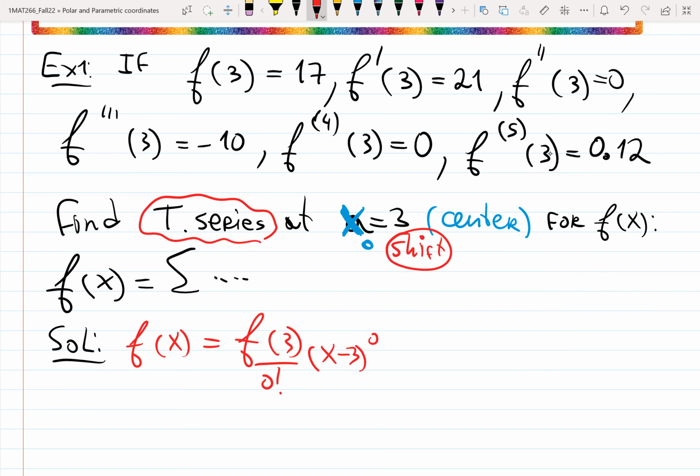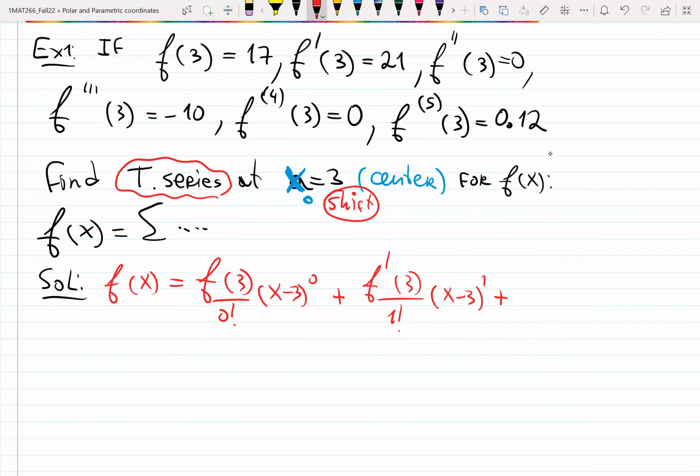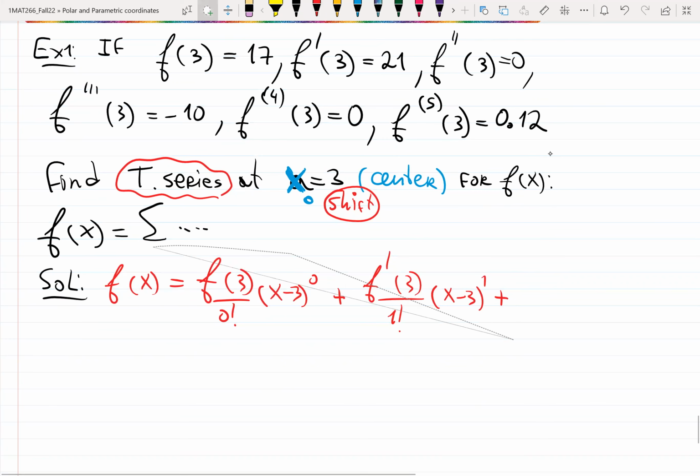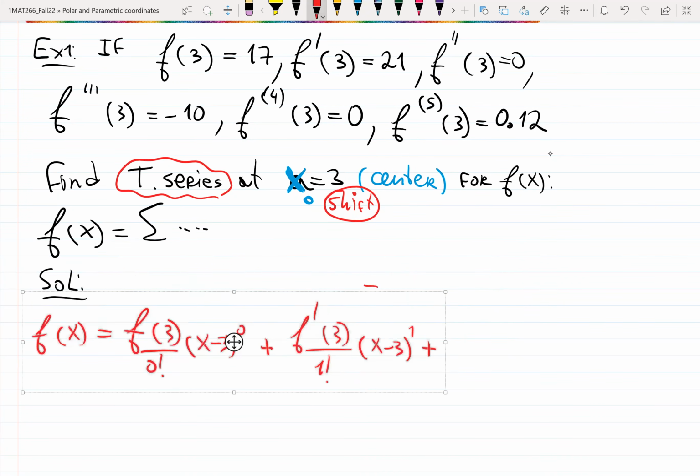If you have center 0, that's a Maclaurin series. Plus f first derivative at 3 divided by 1 factorial. I would skip writing all of this, but I wanted to have good notes for you. Plus, write down by yourself what's happening after this. Nice.